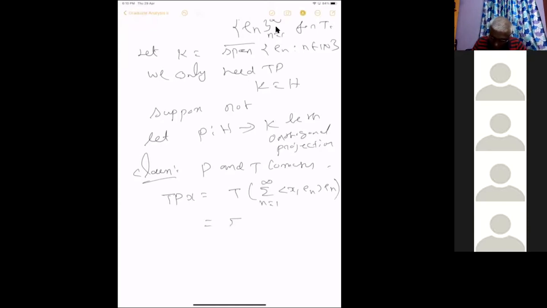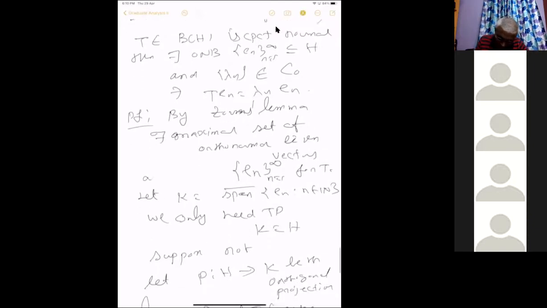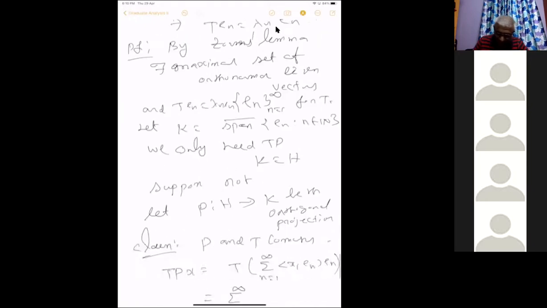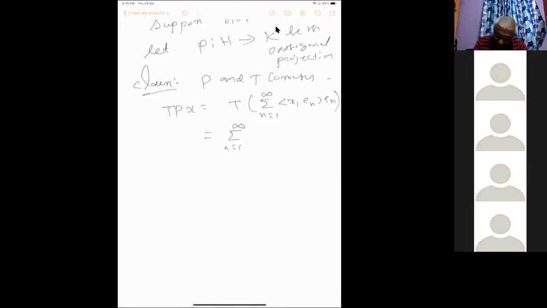So now this is equal to the summation n equal to 1 to infinity, since e_n is an orthonormal basis for that, and T e_n equal to lambda_n e_n. Because they are all eigenvectors, T e_n equal to lambda_n e_n. So this is equal to the summation of the inner product of x with e_n times the scalar lambda_n e_n. Now you can take the lambda_n there as a bar.